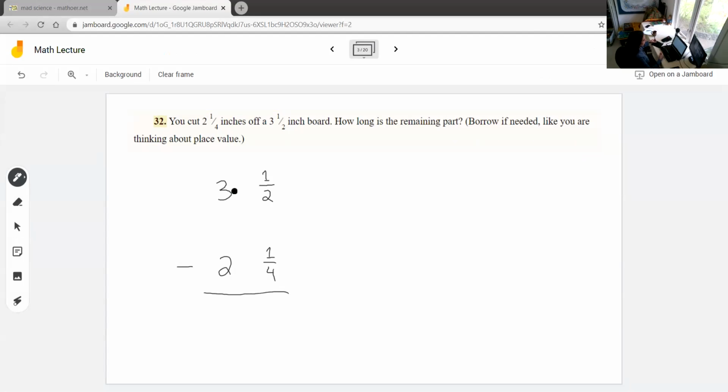I can say, well, 1/2, I can unreduce that, is 2/4. Then I can say 2/4 minus 1/4 is just 1/4. 3 minus 2 is 1, and get a nice answer.